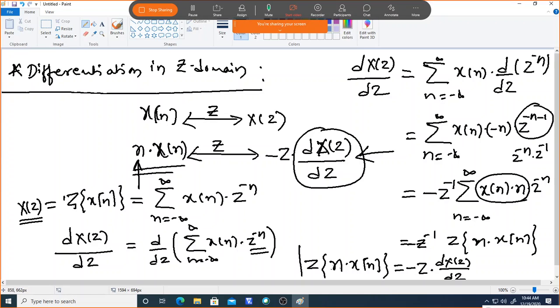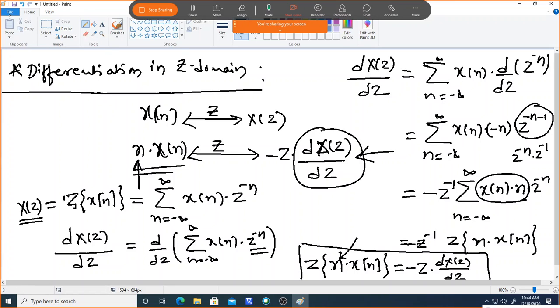So this is the proof for the differentiation in z domain. That is, if you have the differentiation in z domain, the corresponding scaling factor is multiplication by n in the time domain. Okay, so this is the differentiation in z domain. Is it understood? Any doubt?